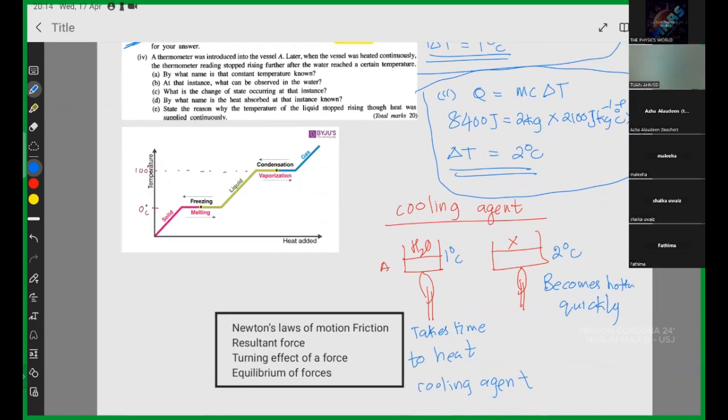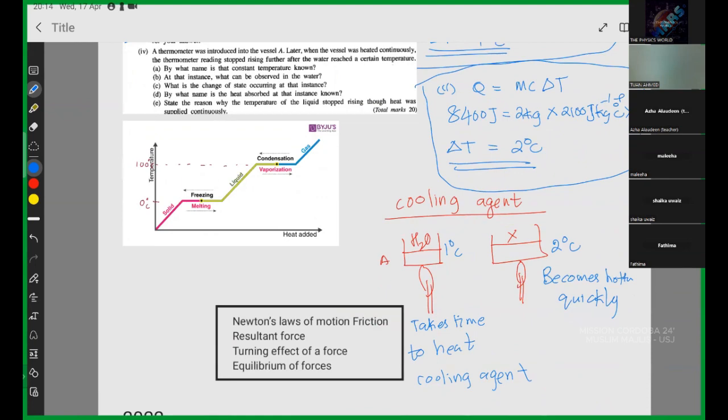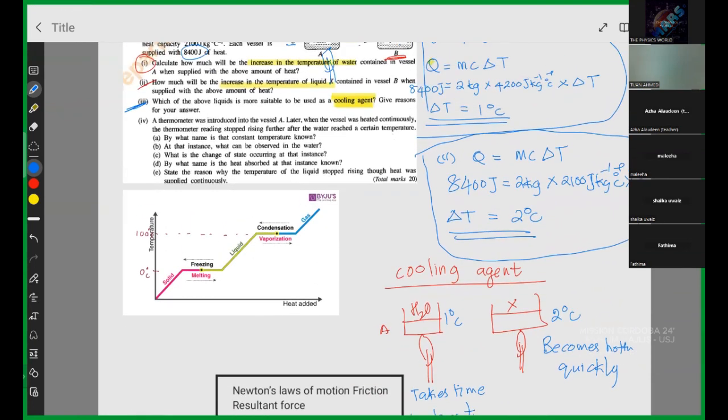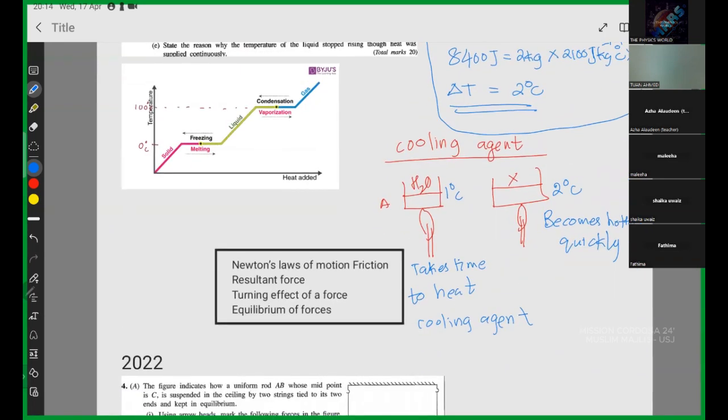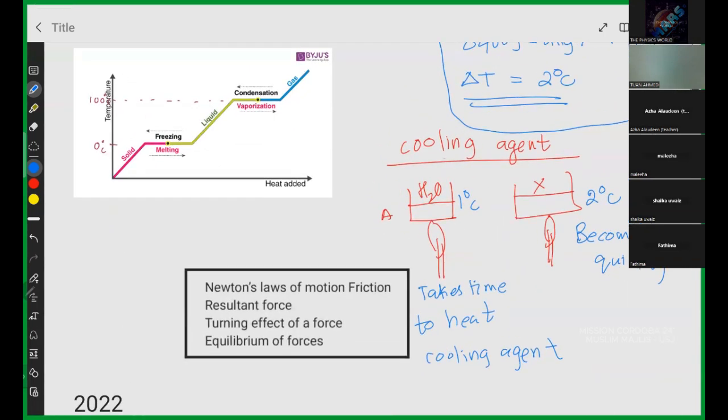Excuse me, teacher. Can you please explain it a bit? Okay, I'll explain it again. Now they are asking in these two liquids, in water and liquid X, look at this, what I have drawn here. Which one is a good cooling agent? Is it water or is it X? First, what is a cooling agent? Cooling agent means when you give the heat, the temperature rise must be less.